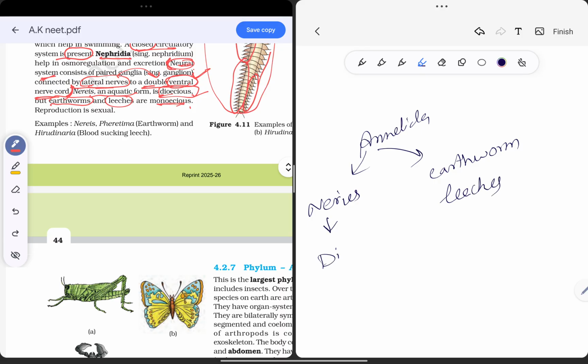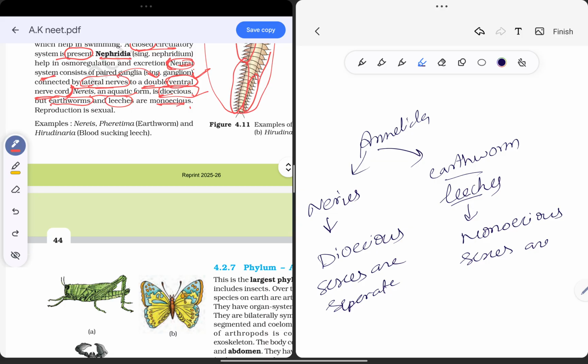Nereis is dioecious, meaning sexes are separate. But earthworm and leeches are monoecious. Sexes are not separate. So they can also be called hermaphrodite.